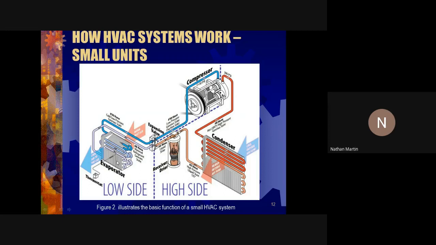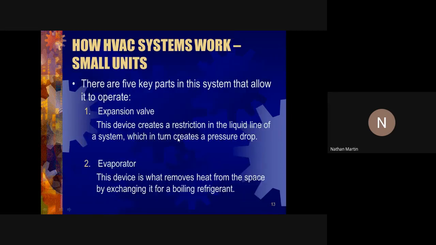So it will remove the heat from the system. When it removes the heat, what the fan does is blow that cool air, from which the heat has been removed, inside the car to cool down the car. All right.